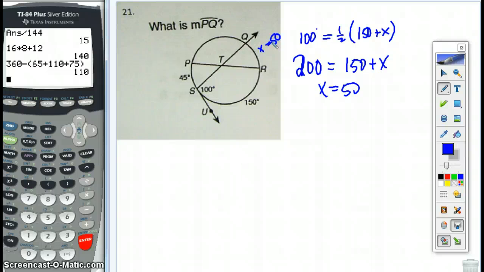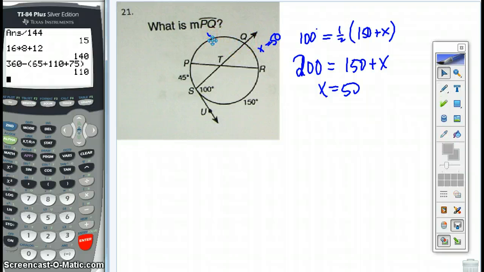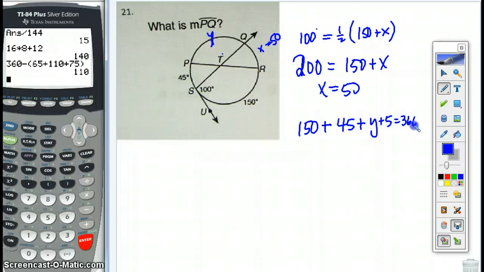Okay, once I have x is 50, I'm looking for PQ, and we're going to call that y. I know that all these arcs in the circle add up to 360. So 150 plus 45 plus y plus 50 equals 360.